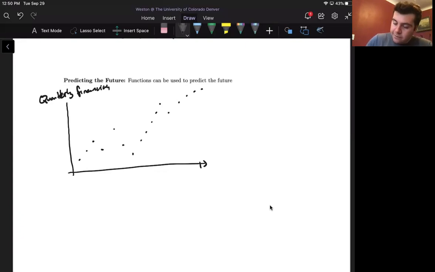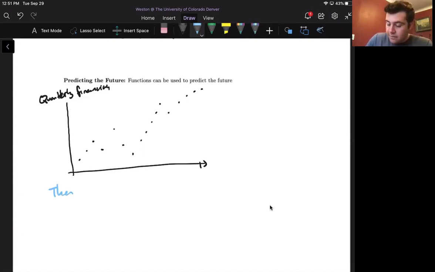Then you could either find the line of best fit, you could find a curve of best fit. This is actually where computer scientists have started making machine learning models to guess what's going to happen next based on what's happened in the past.